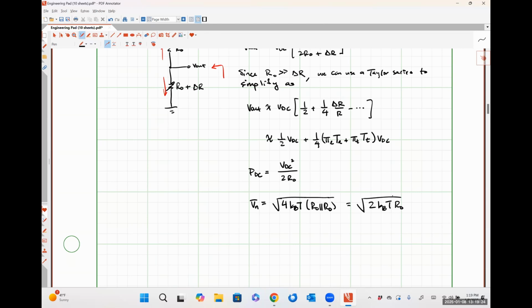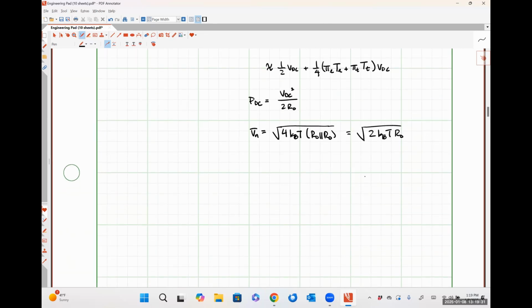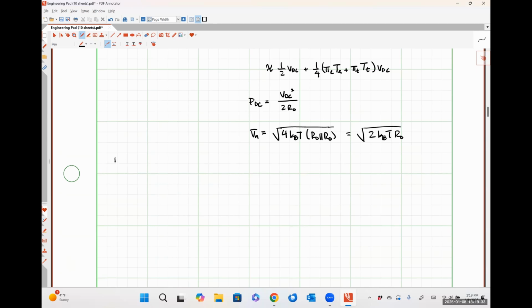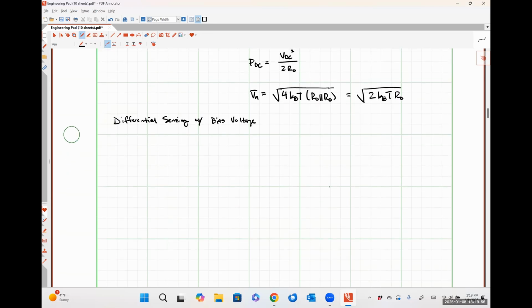All right. So let's look at yet another scheme. This is what we're going to call differential sensing, with a bias voltage, and there are two different ways that we can approach this.